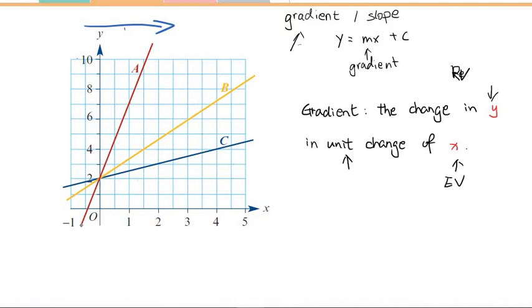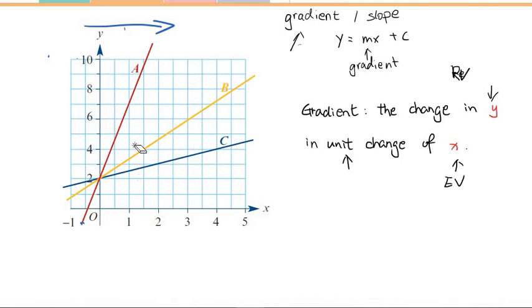If you look at the line, we go from the most left-hand side of the line to the most right-hand side of the line. When we look from left to right and the line is going up, it means a positive gradient, because y is increasing when going up on the Cartesian coordinate.